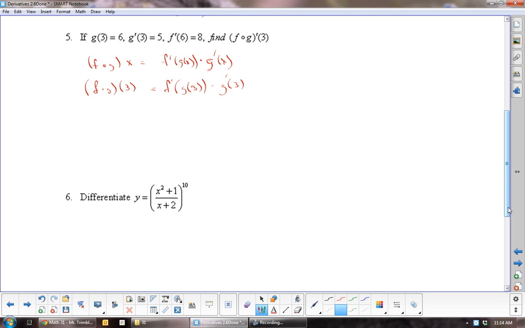Well, I'm going to substitute that now. F prime, this would be, how did I do this? This would be f prime of 6 times, see, they should have included that up there. They should have said f prime of g of 3 equals 6, but they didn't. G prime of 3 is 5.